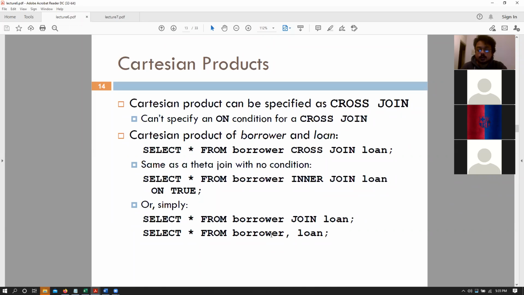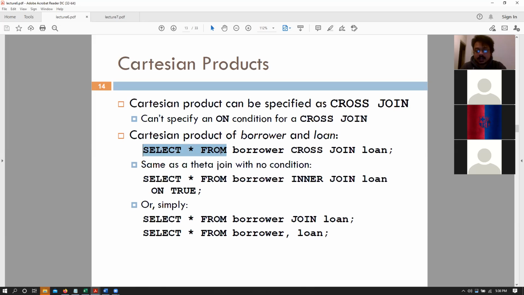Including this theta join operation allows us to write the same thing in different ways. All of those ways are the same, so one particular solution might have different ways of writing it, and that is something that MySQL, or any SQL language, allows.